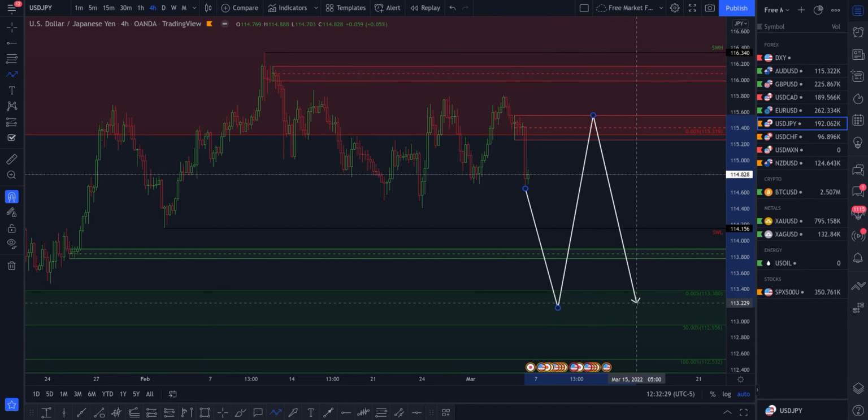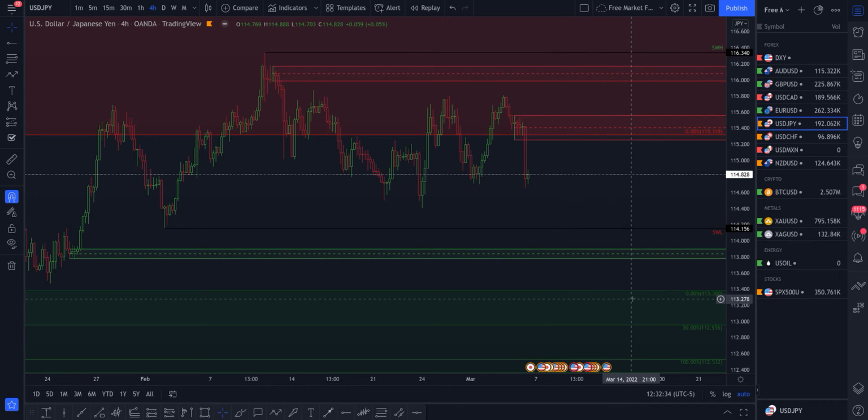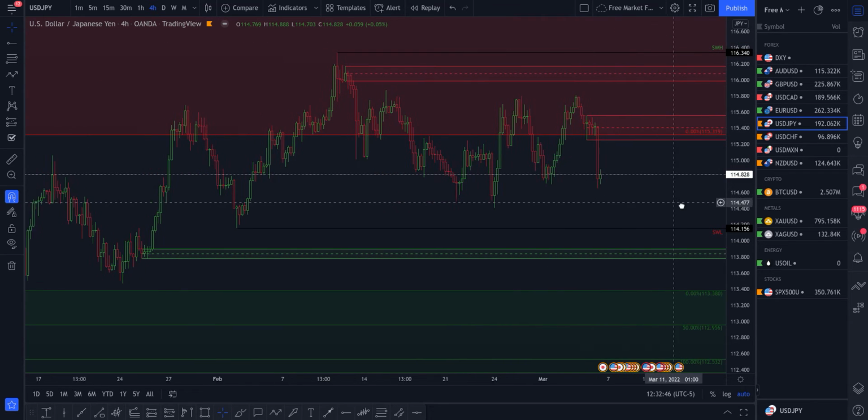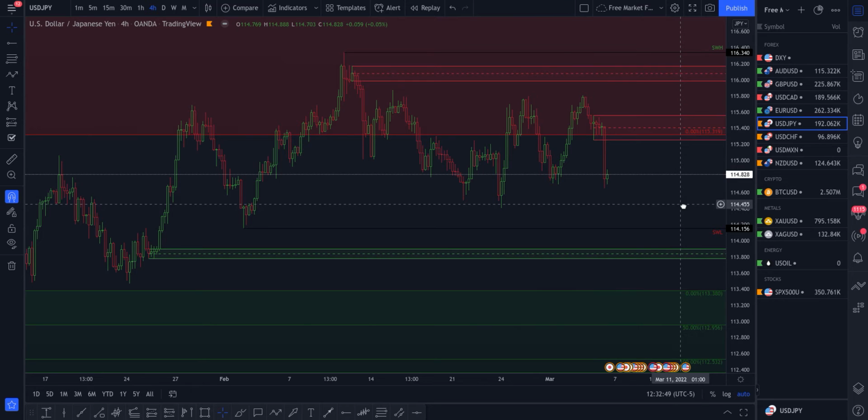All right, so we could see that, or we could see a breakout. It could consolidate for the first part of the week and then break out, or it could break out, creating newer highs and newer lows and consolidate in between those. So just be on the lookout for this pair.